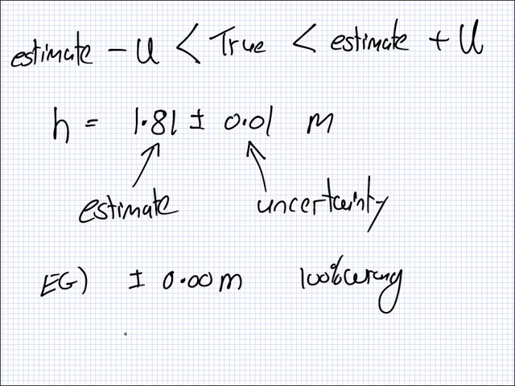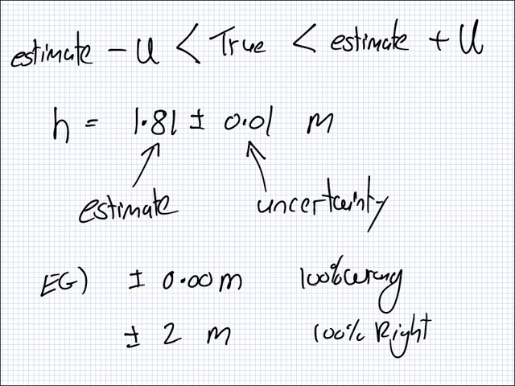But if I said something silly like, oh, their height is plus or minus 2 meters, that's a bit silly, isn't it? Their height is 1.81 plus or minus 2 meters. Well, I'm going to be 100% right, but that's not very useful. You know, if somebody said, how tall is he? And I said, he's between 0 and 4 meters. Is that really useful? It's not.